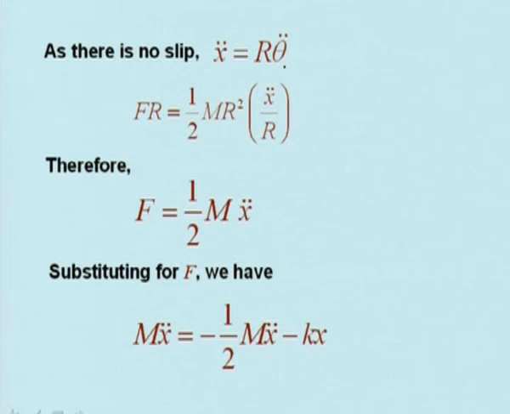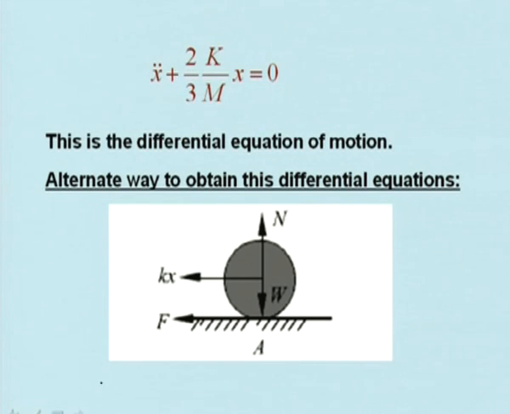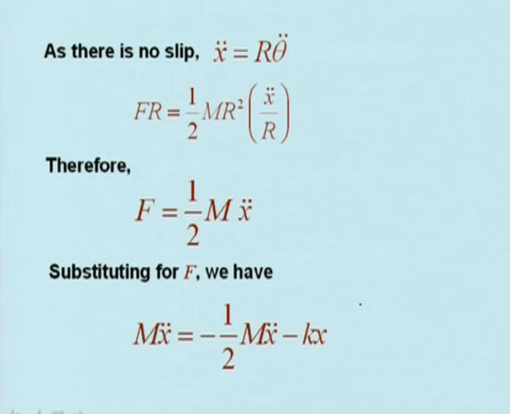Now substituting for F, we have m x double dot is equal to minus half m x double dot minus kx, and therefore 3 by 2 m x double dot plus kx is equal to 0.